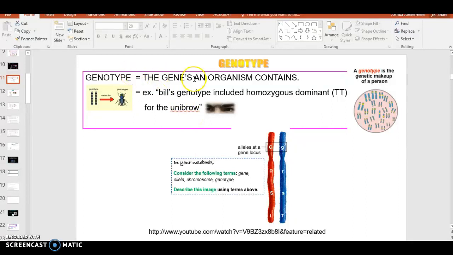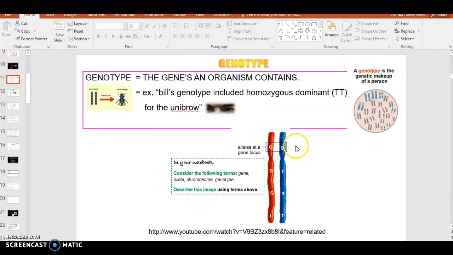So a genotype is whenever you talk about the genes or alleles someone inherits. Like in Bill's example, he said the genotype was big T. If you're saying that, or if you describe what the chromosome someone inherited as containing a dominant G allele, you'd be talking about the genes the organism contains, and you'd be talking about the genotype.